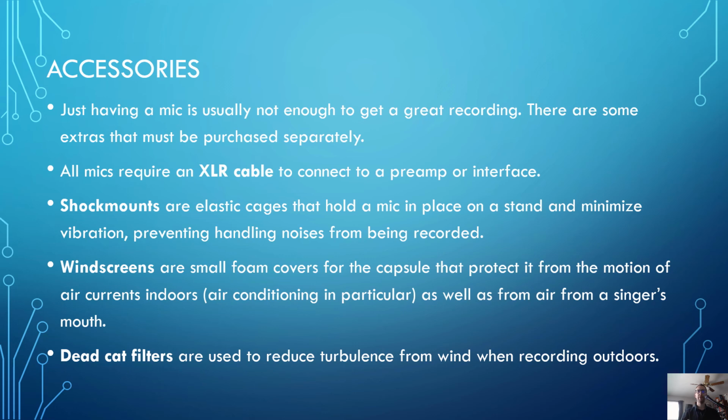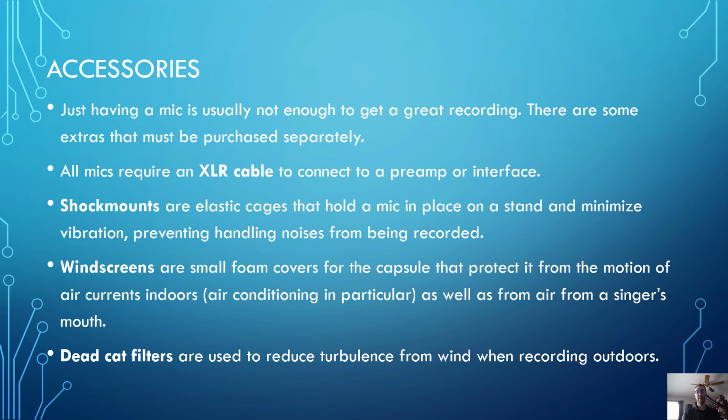You will also want to use windscreens. These are small foam covers that go over the grill and protect the capsule from the motion of air currents indoors, like AC units in particular, as well as air from the singer's mouth. Typically, they go over the grill, although this mic that I'm using is placed inside of the grill.